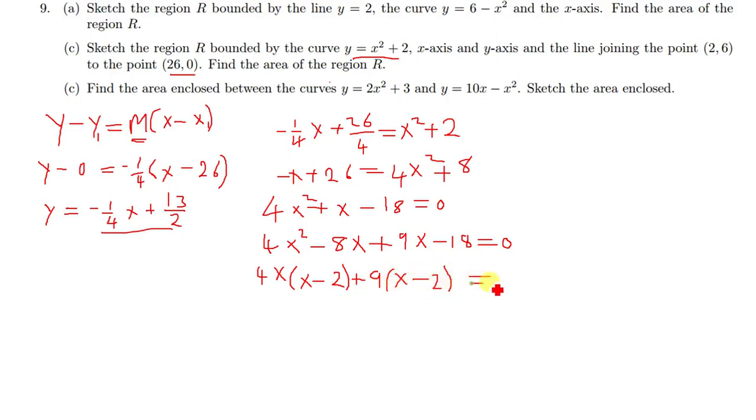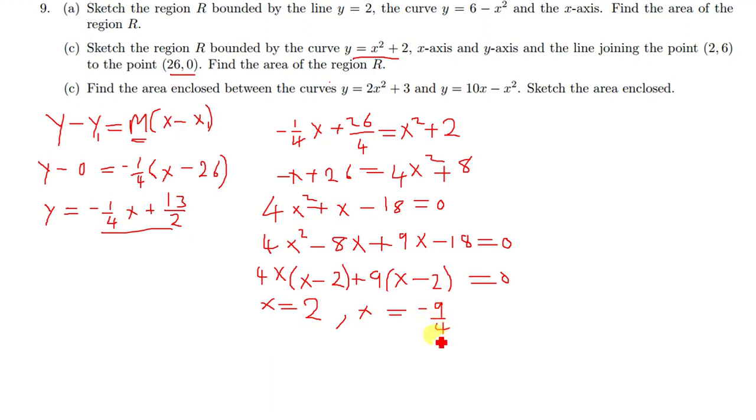It is equal to 0. So in short, your x there will just be equal to 2, and then your other x will just be equal to -9 over 4.